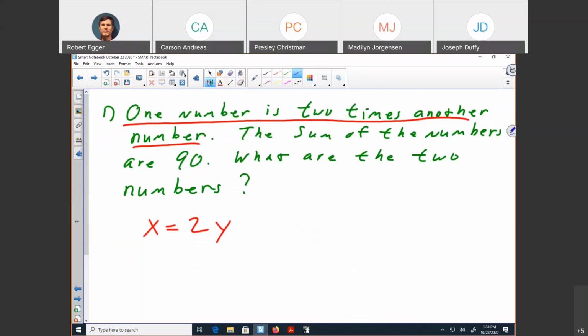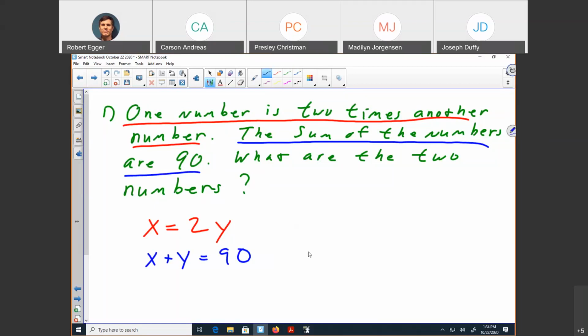Next question. The sum of the numbers are 90. So whatever x is and whatever y is, you gotta have 90.